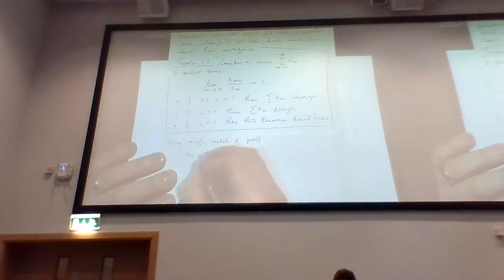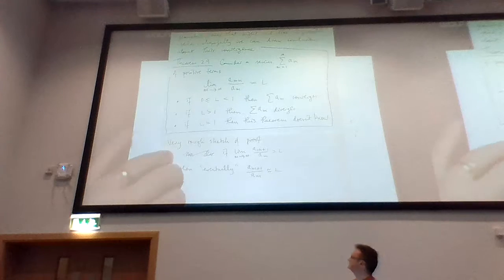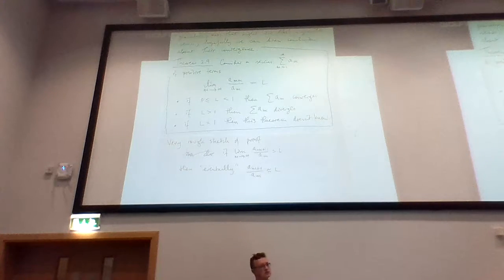If the limit of a_(m+1) over a_m is equal to L, then what you can say is eventually the ratio a_(m+1) over a_m is approximately L. It's not too bad, this sketch of the argument. There's nothing incorrect about it, it's just not particularly detailed. We'll give a detailed proof of it shortly.